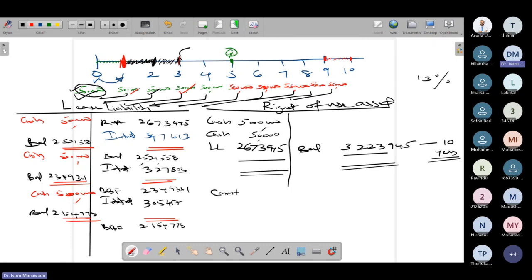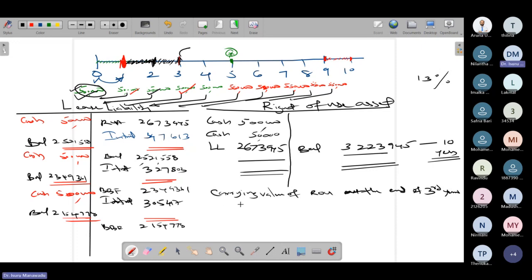Carrying value of right of use asset at the end of third year. How we are going to calculate it?